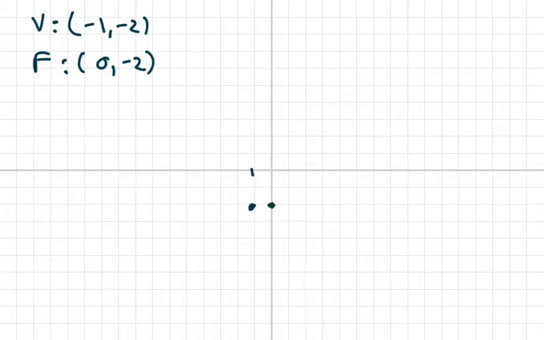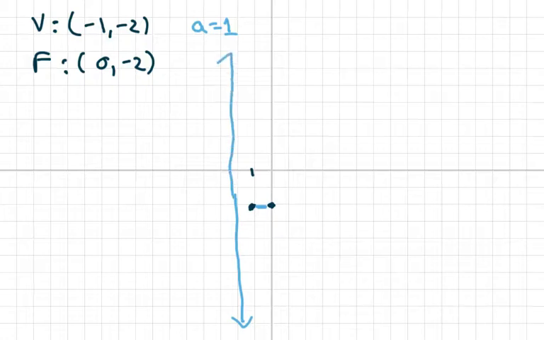So my a, since this is only a length of 1, my a equals 1. That's why it helps to graph. My directrix would therefore be back 1. So this would be x equals negative 2. That's your directrix.